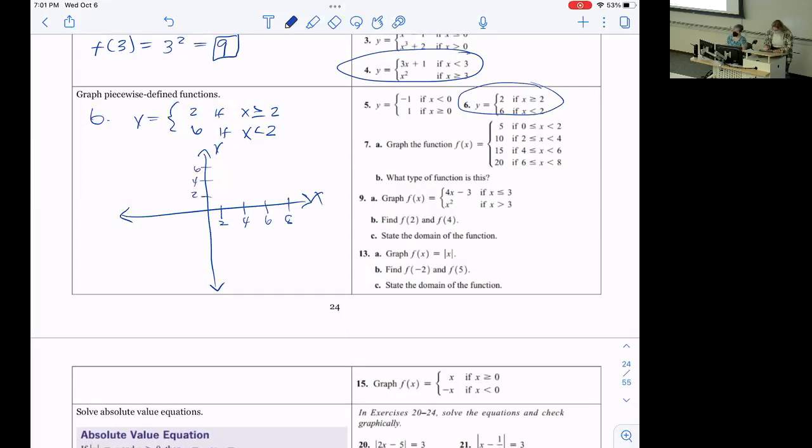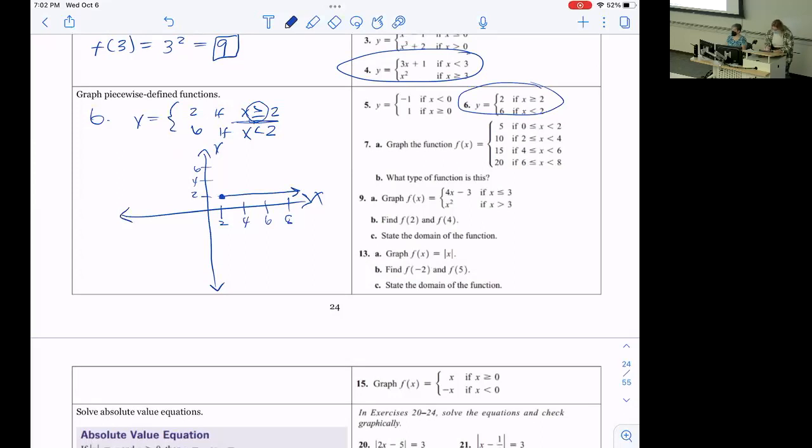So y is equal to 2. We can look at when x equals 2. And so when x equals 2, looking at this top domain, we know that y is going to equal 2. And since there is a greater than or equal to sign, we know that this right here will be a closed dot. And x is greater than 2. So that will be the line for the top.